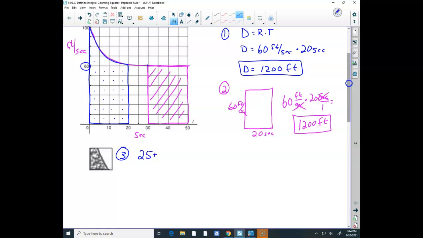Plus, now I'm going to approximate how much of each square I have sitting there yet, okay? And it doesn't matter where you go, top to bottom. I'm going to look at this top little piece. I'm going to call this little niblet here 0.2. Here's my thought: if I diagonally came across there, it's definitely less than half.